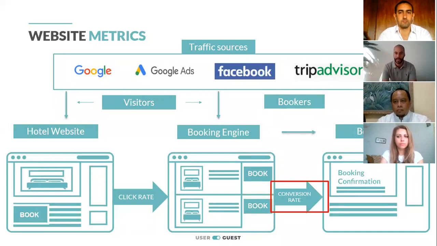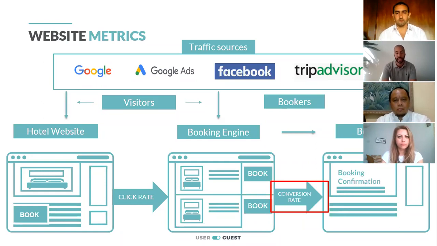Once that traffic makes it to the website, we call them visitors, or users. Today we want to focus not on the website part but on the booking engine, where the main metric is the conversion rate: the ability to convert your lookers. Once your visitors have made it to the booking engine, we call them lookers. We'll look at how to convert lookers to bookers, and all the things that can impact the conversion rate from a booking engine perspective.